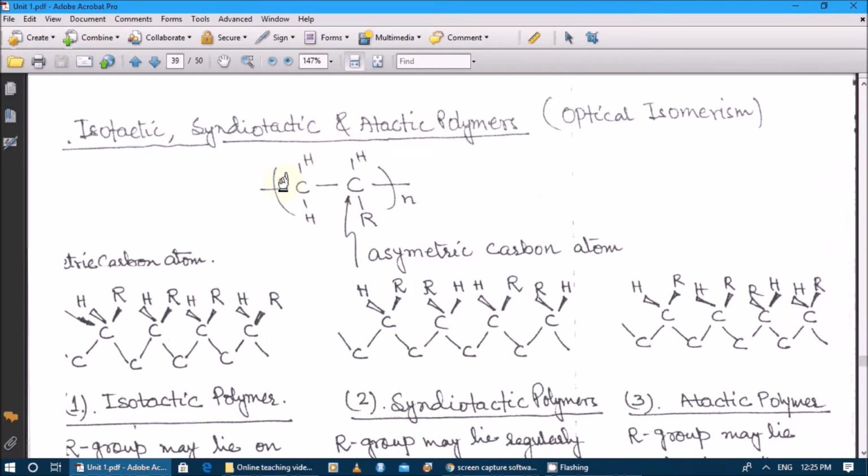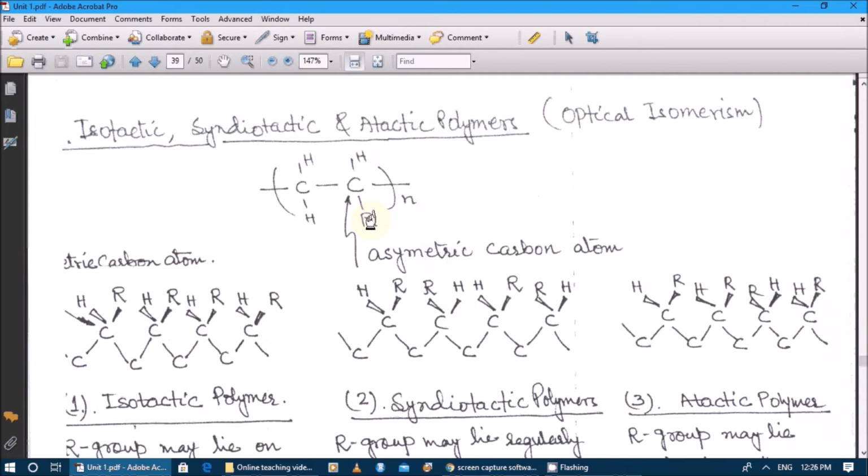Let us take the example of a vinyl polymer. Here the first carbon has two hydrogens, hydrogen 1 and hydrogen 2, and the second carbon has one hydrogen and one functional group R. This R may be a different group.